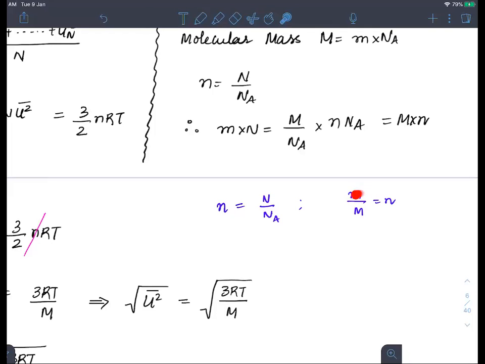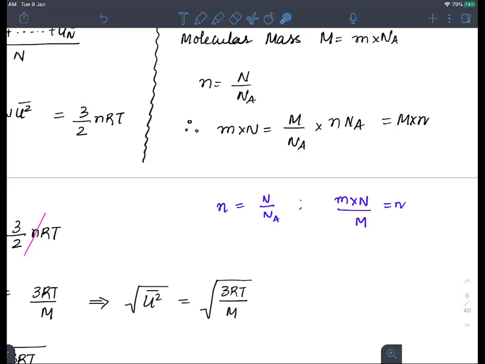So for a single particle, whatever the mass, single particle mass into n gives us the total mass, right? This total mass divided by M should give us the number of moles. And the number of moles I can write as n by Na.